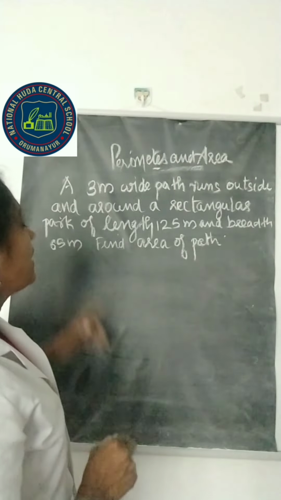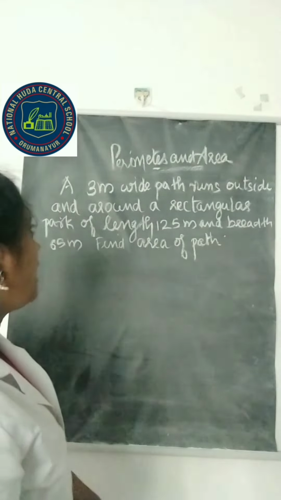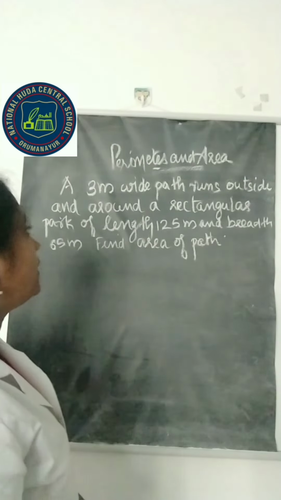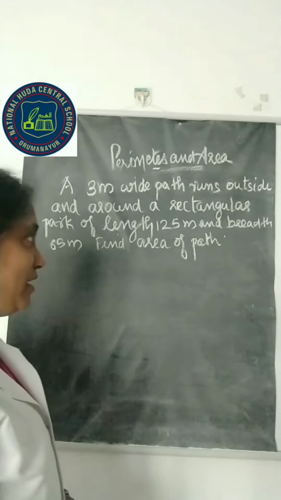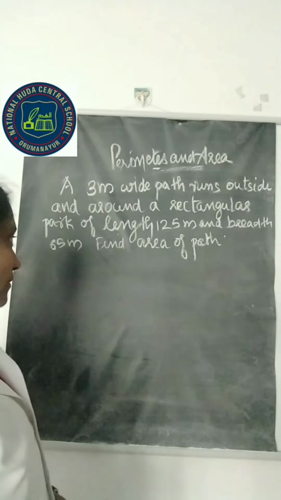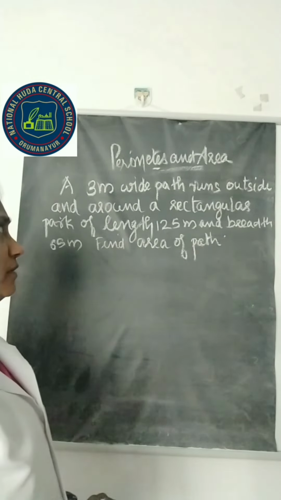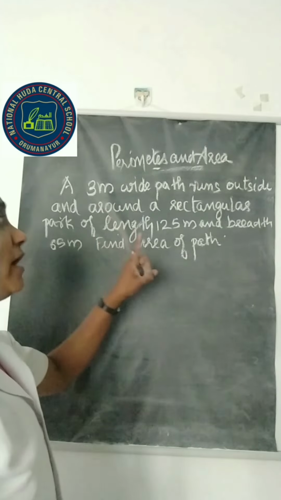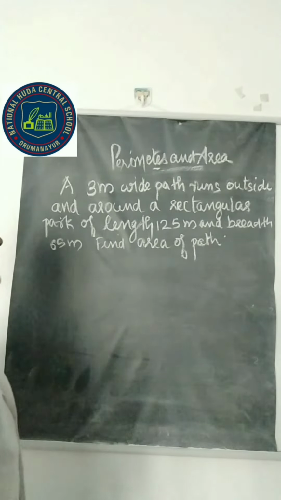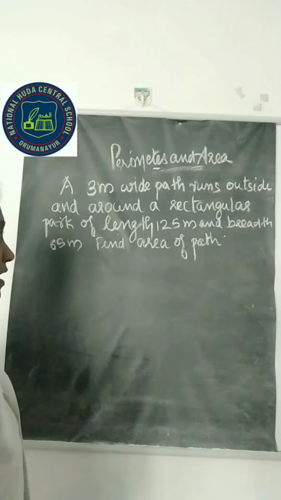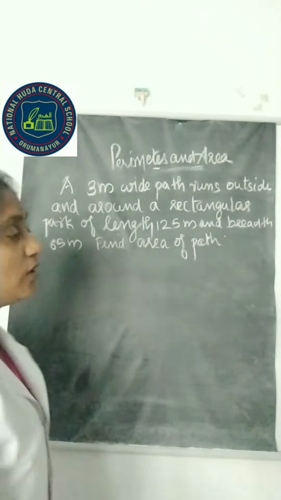Next question. A 3-meter wide path runs outside and around a rectangular park of length 125 meter and breadth 65 meter. Find the area of the path. So there is a rectangular park.